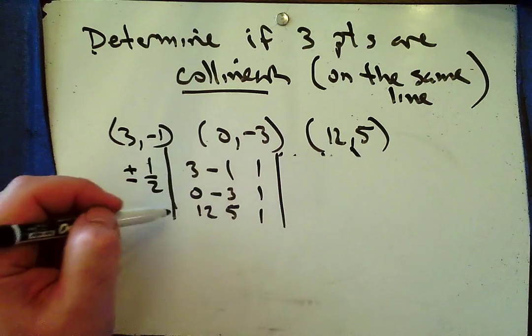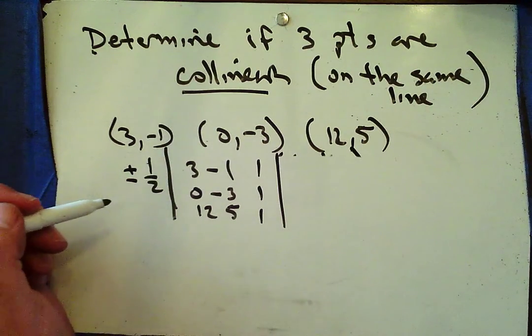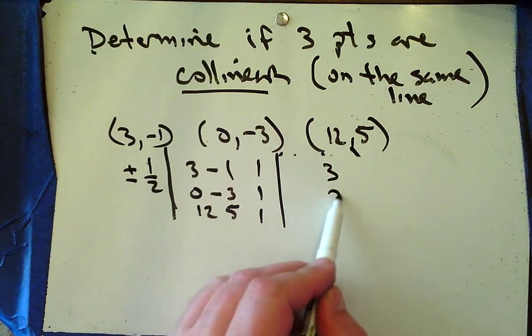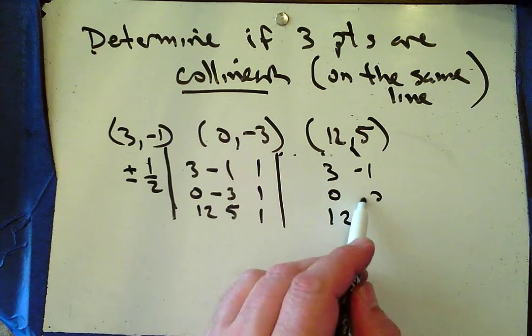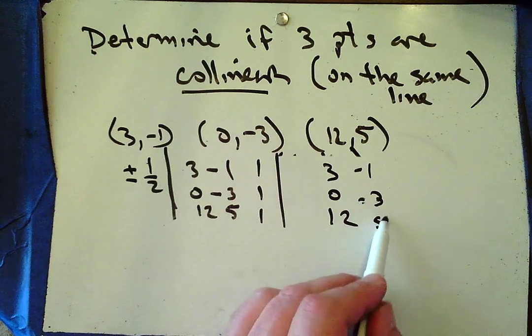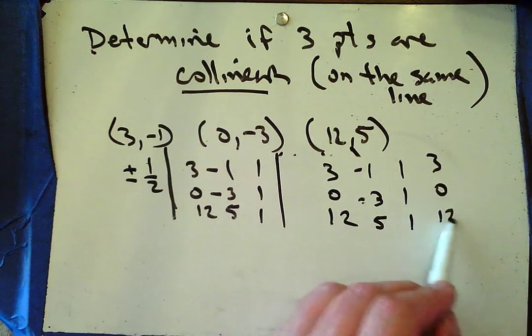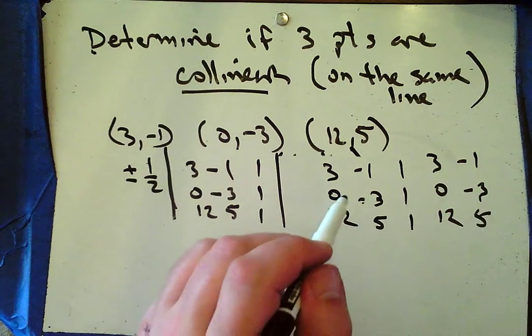Okay. I practiced minors and cofactors. I practiced on the calculator. I'll use the diagonals method this time. 3, 0, 12, -1, -3, 5, 1, 1, 1, 3, 0, 12, -1, -3, 5.